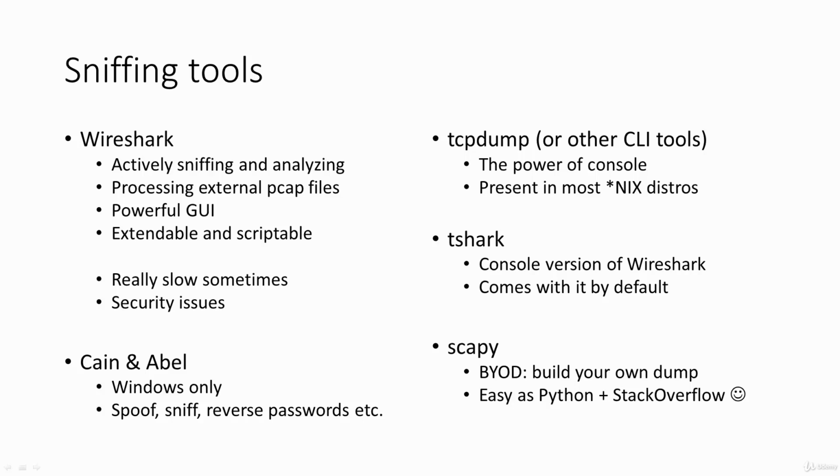Okay, so what are the sniffing tools first, right? The most common and easy to use tool is of course Wireshark, previously known as Ethereal, I guess. What's its purpose?